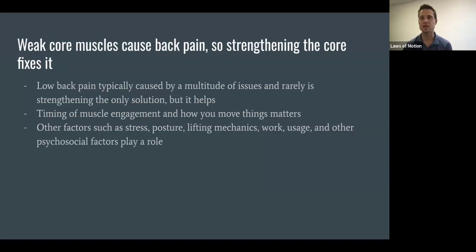Is the pelvis or the hip tight and you go to rotate and you have no mobility in your hip, and so your lumbar spine has to move a lot more? There's a lot of things that come into play with that. So yes, I think core stability and core strengthening is a vital component for low back rehabilitation, but simply strengthening your core muscles doesn't always take away your low back pain.